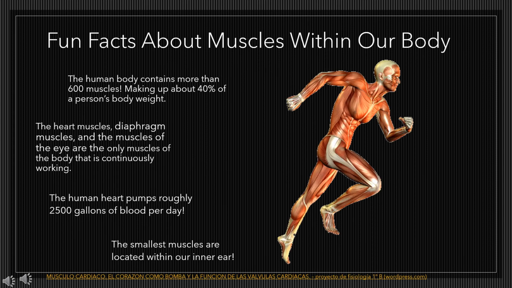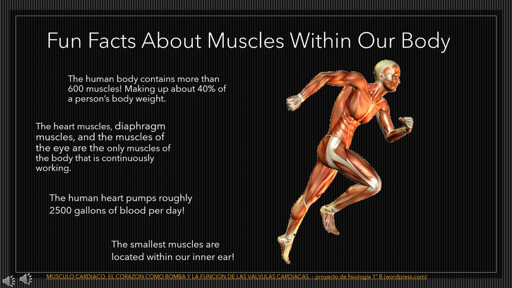Now we just have some fun facts about muscles within our body. The first fact is the muscles within the heart, diaphragm, and eyes are constantly working. The heart muscles and diaphragm constantly work around the clock to keep us alive.